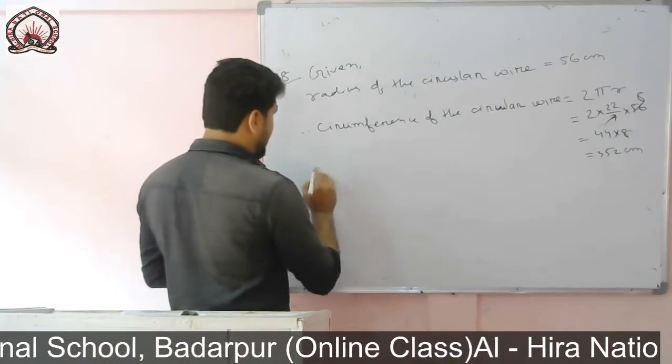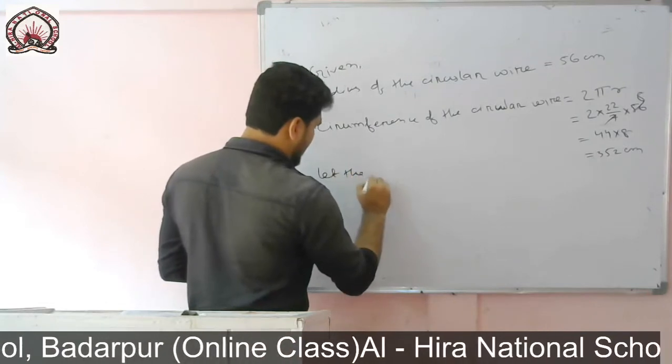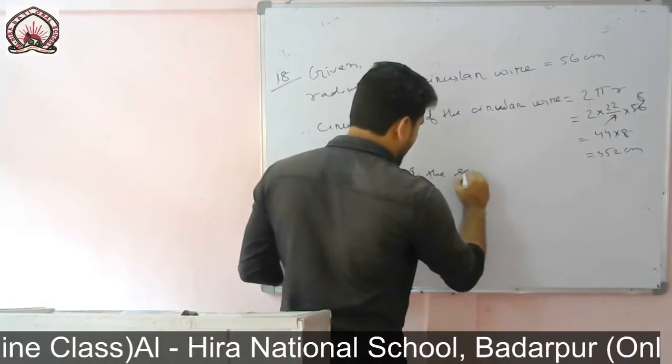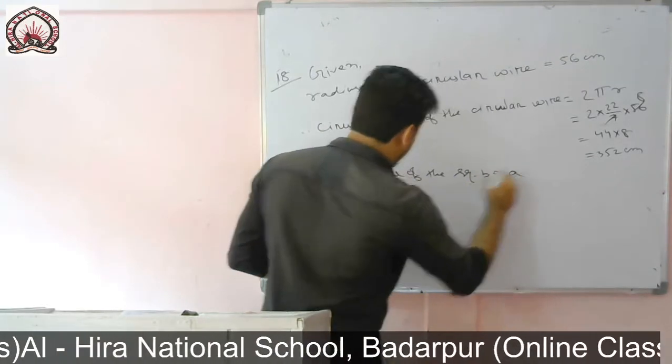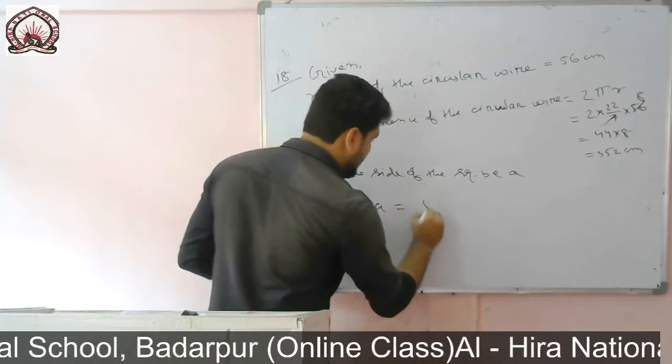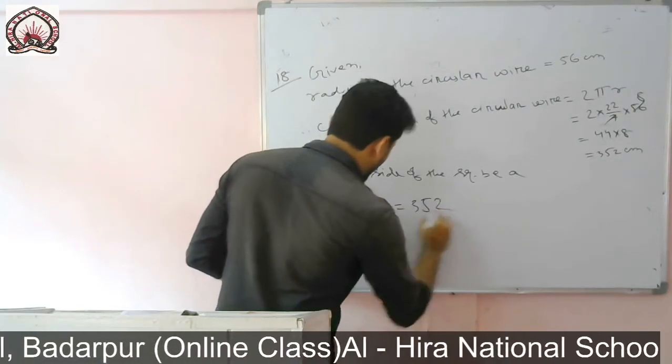Here you write another, let the side of the square be A. According to the question, 4A equals 352.